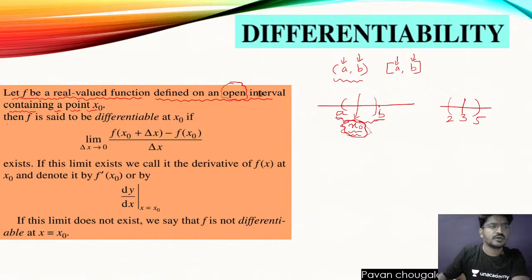Then f is said to be differentiable at x naught if, please say this, it is very important, the limit as delta x tends to 0 of f of x naught plus delta x minus f of x naught divided by delta x exists.